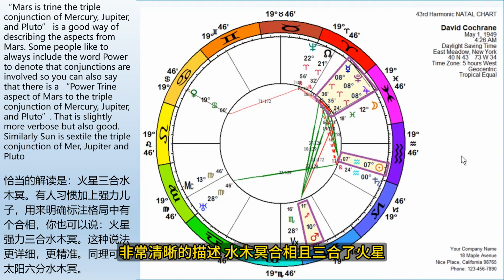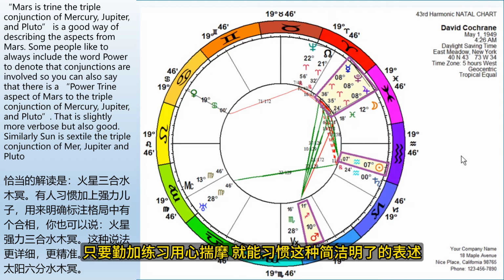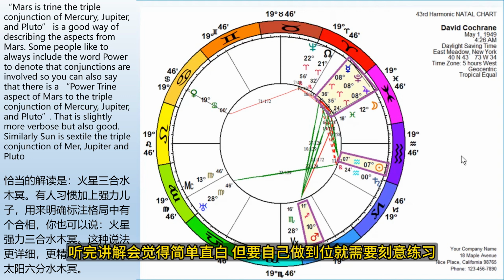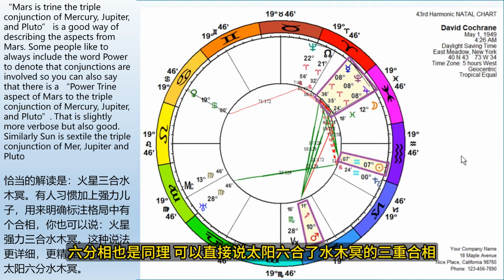Mars is trine the triple conjunction of Mercury, Jupiter, and Pluto. So with practice and with some thinking about it, you can come up with very short and clear ways to describe things. After I say it, it's obvious, but you have to think of it. And similarly with the sextile, you could say Sun is sextile the triple conjunction of Mercury, Jupiter, Pluto.